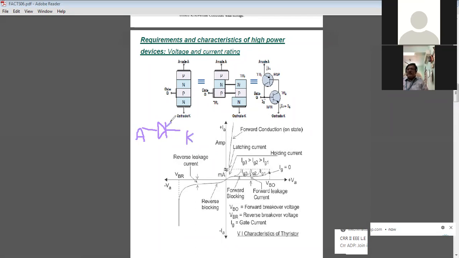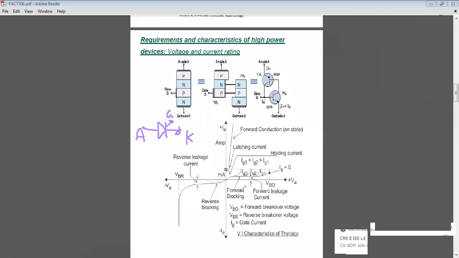This is a three terminal device: anode, cathode, and gate. You can see that it is a four layer PNPN device, and its operation can be explained with the two transistor analogy.